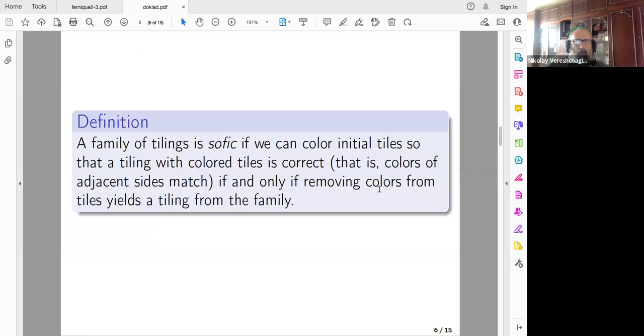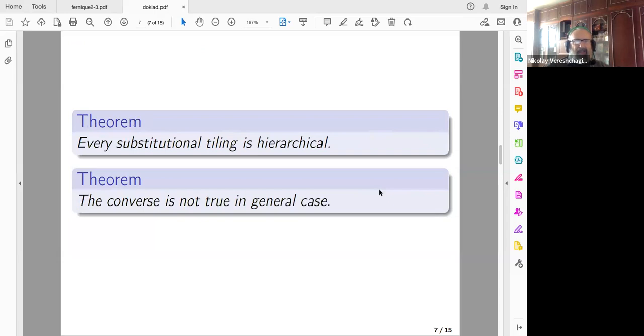And one can show that every substitutional tiling is actually hierarchical. So we have two classes of tilings, a small one, the class of substitution tilings, and a larger one, the class of hierarchical tilings. In general, these are different classes.